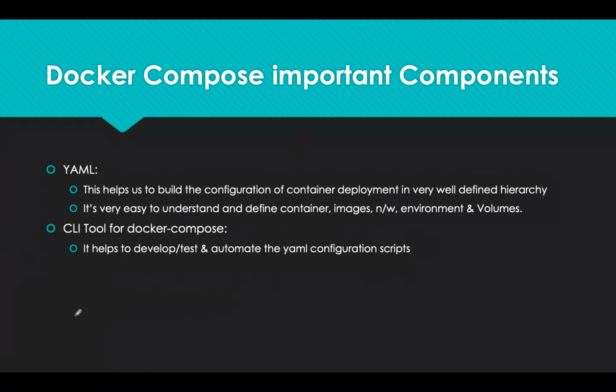It is very easy to define the containers and images in the YAML file. You can easily define networking, and expose your networks so that they are accessible to your browser. We have already done these things in the previous sessions.